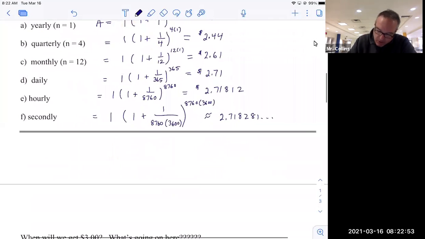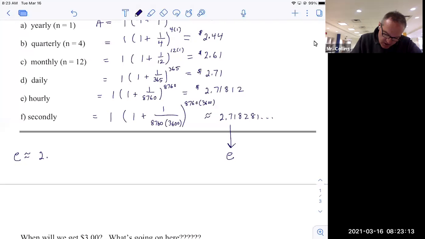In fact, what you're approaching is a constant that we call e. e is an irrational number. It shows up a lot in finance and also in science class. And we'll see it in the coming week. By the way, e is built into your calculator, just look for it.